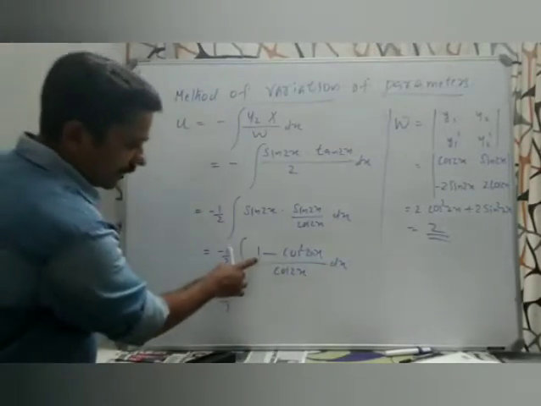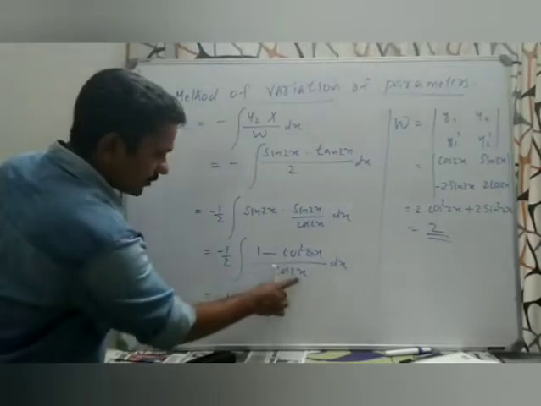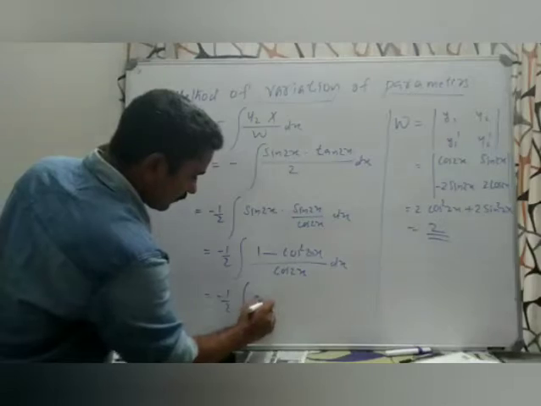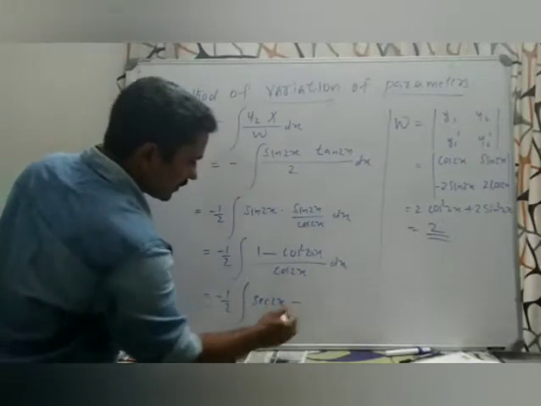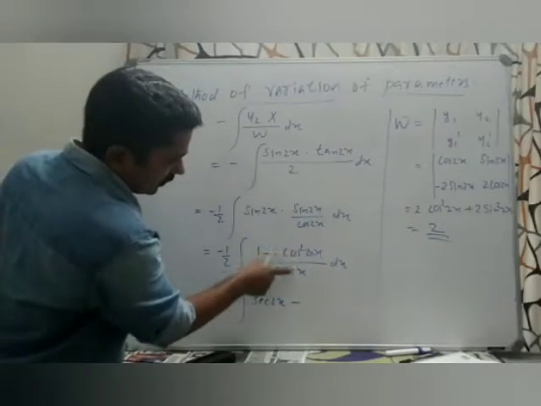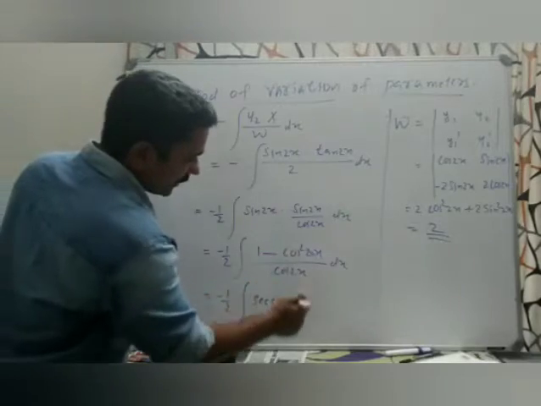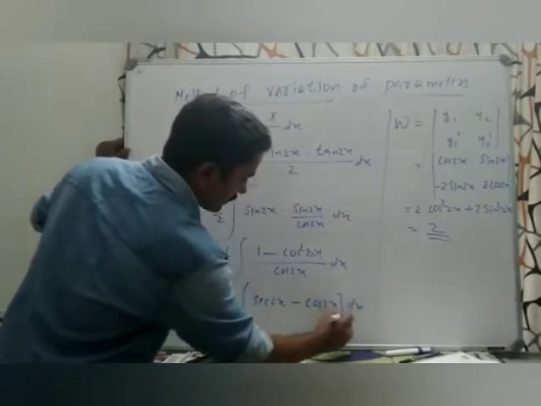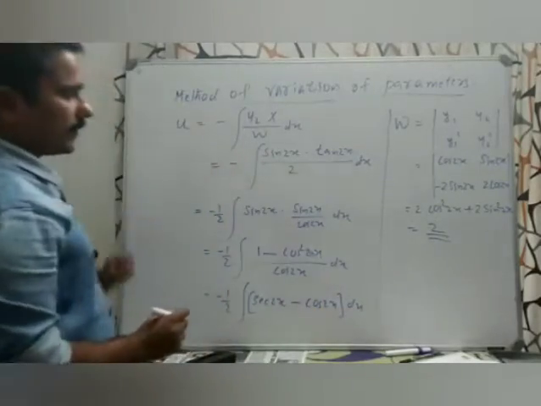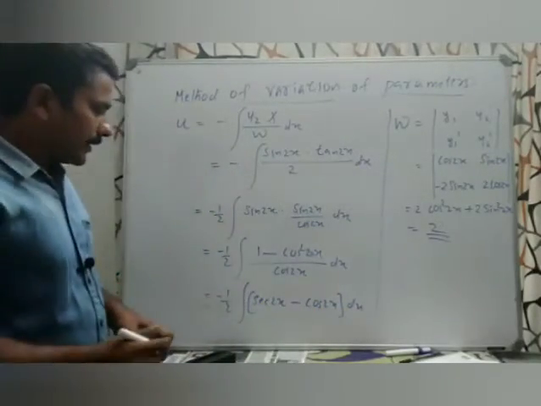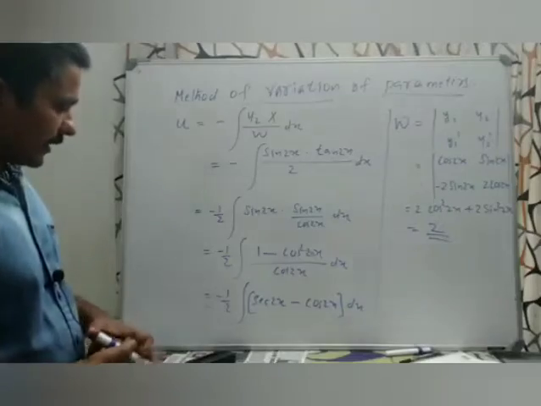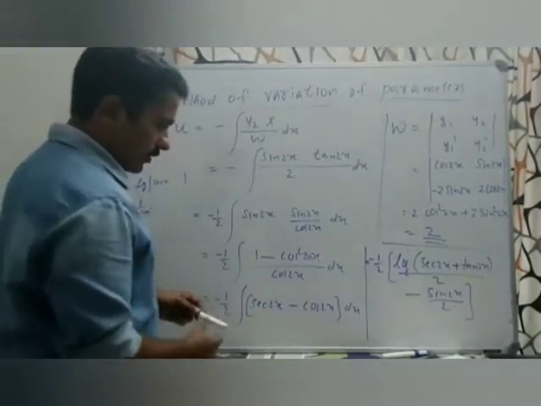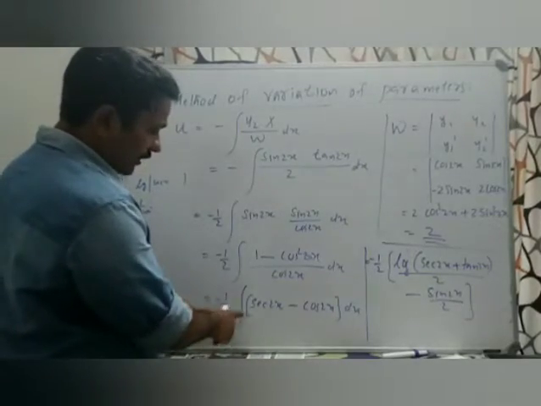And now you can divide each term by cos 2x. So it's integral 1 over cos 2x is sec 2x minus, and here one cos 2x will be cancelled and you will get cos 2x dx. Okay, so the integral of this one will give you the answer. Now it's enough to integrate this one.